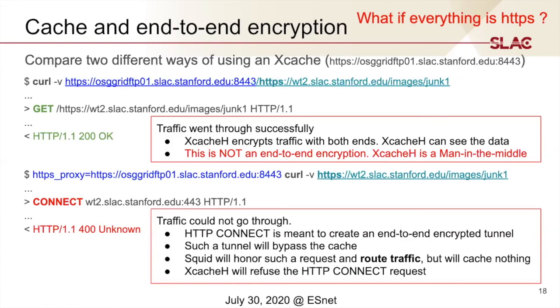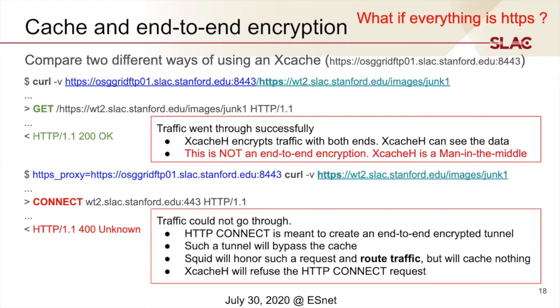And the reason is that the curl command sends the HTTP CONNECT to the cache, and the cache doesn't recognize it. This HTTP CONNECT is meant to create an end-to-end encrypted tunnel from the client to the final destination, and the traffic routes through the cache, but it's encrypted.